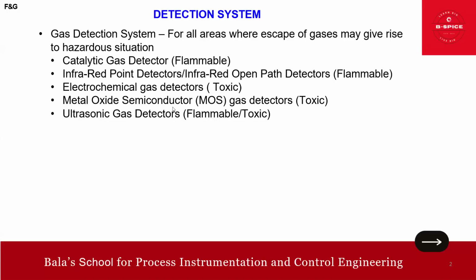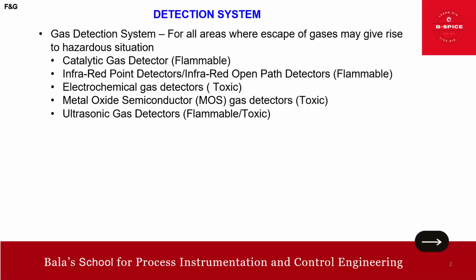So this is about the additional gas detectors. Again, friends, to sum up, just recollect under gas detection. We are now focusing on the fire and gas detection system. Under that, we are covering detection.